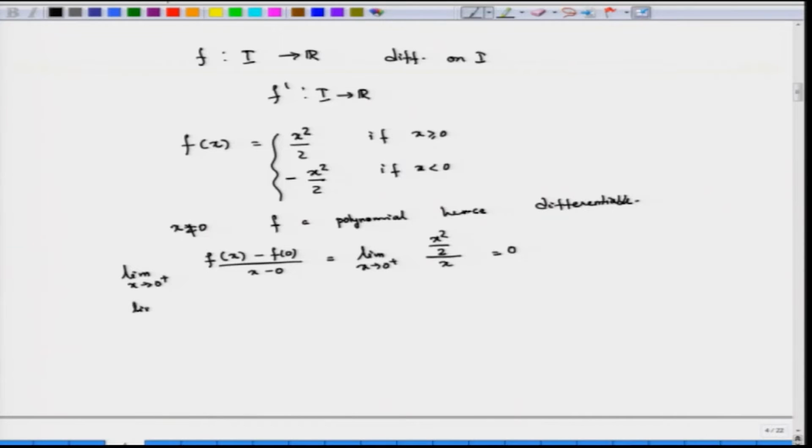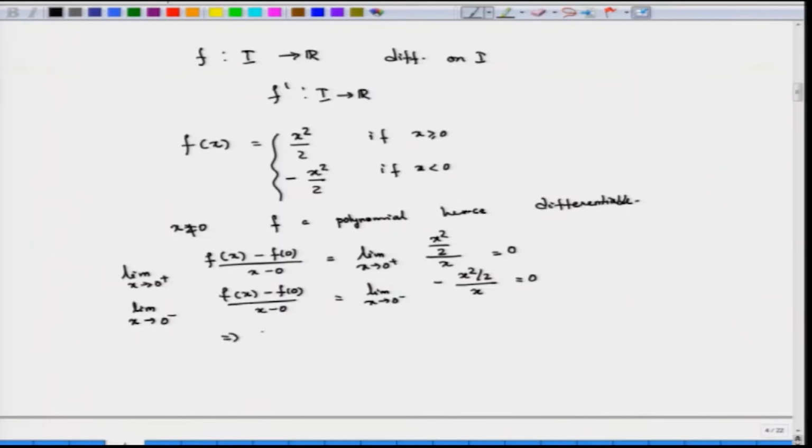Similarly, the limit as x goes to 0 minus of f of x minus f of 0 by x minus 0 is the limit of minus x square by 2 divided by x, which is again 0. So this function f is differentiable at 0 and f prime of 0 is equal to 0.